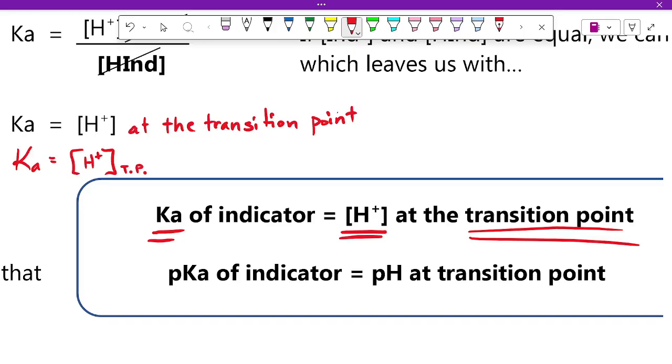That also means that if we were to take the negative log of everything, what do we get if we take the negative log of Ka? We get pKa. So pKa of the indicator. What do we get if we take negative log of hydrogen? pH.